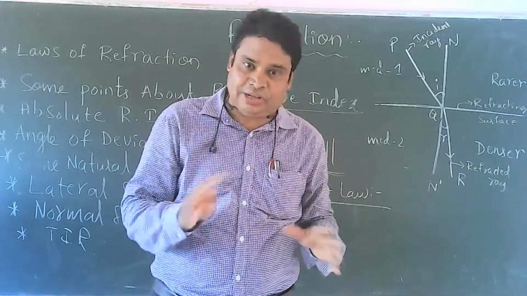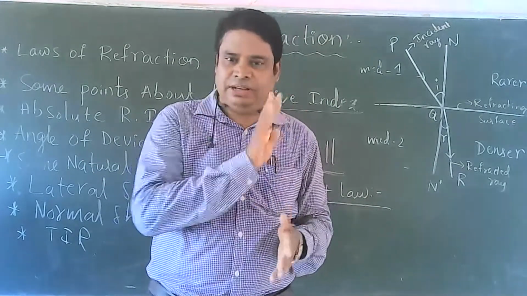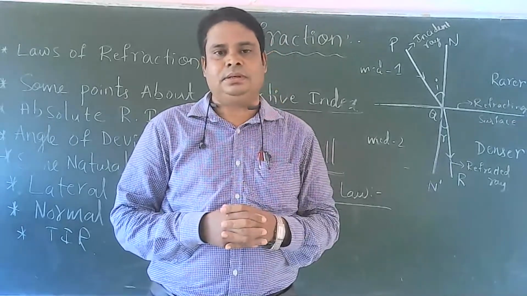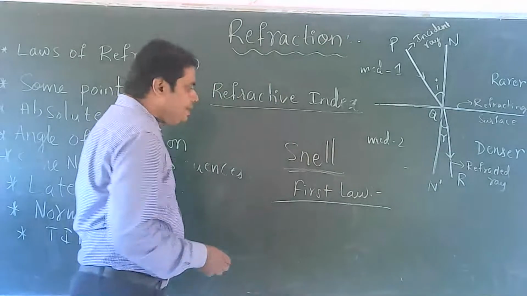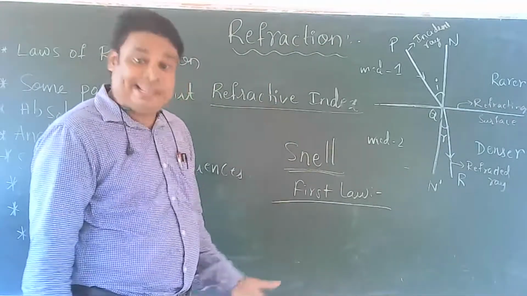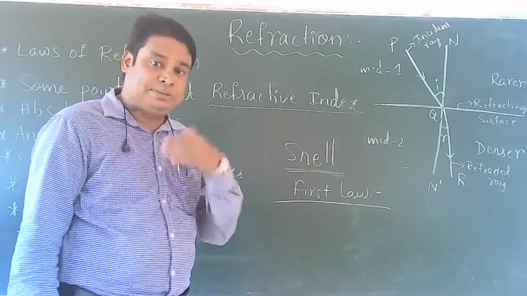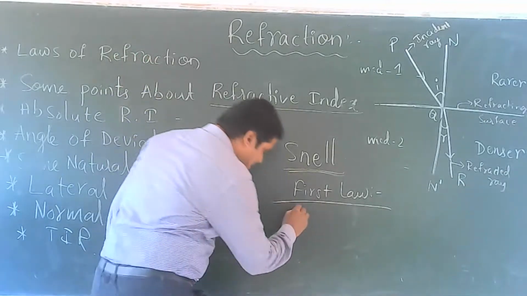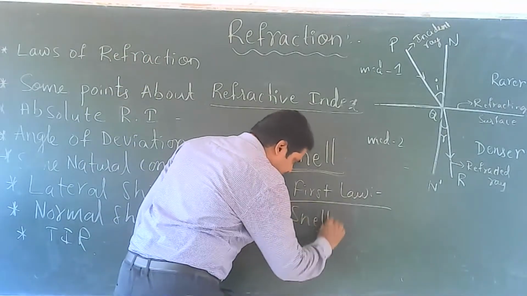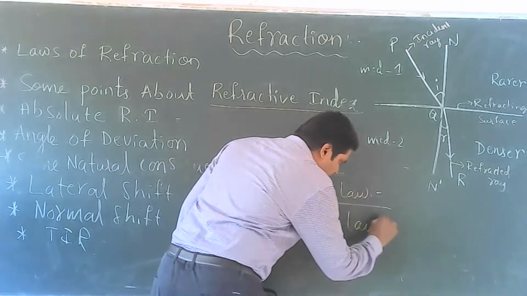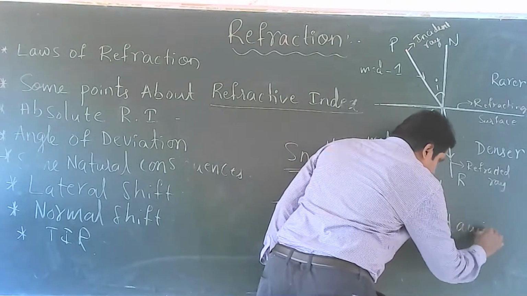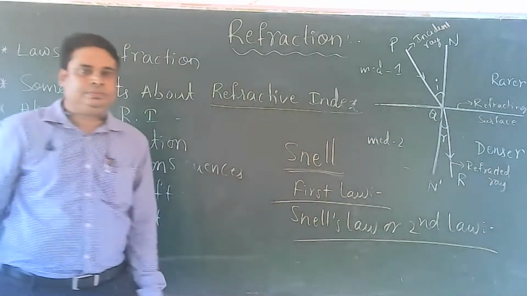As we studied earlier in case of reflection also, there was such a law, right? What about the second law? The second law is well known as Snell's law. Most of the time, the second law is called Snell's law of refraction.